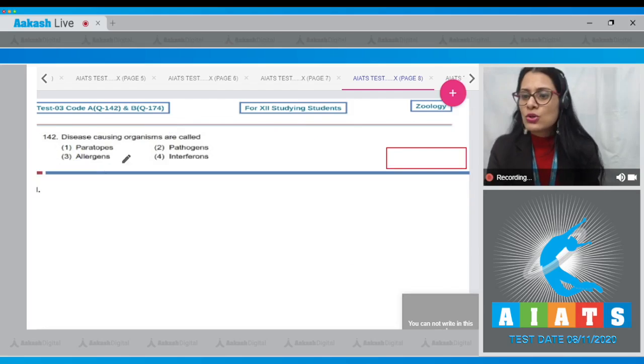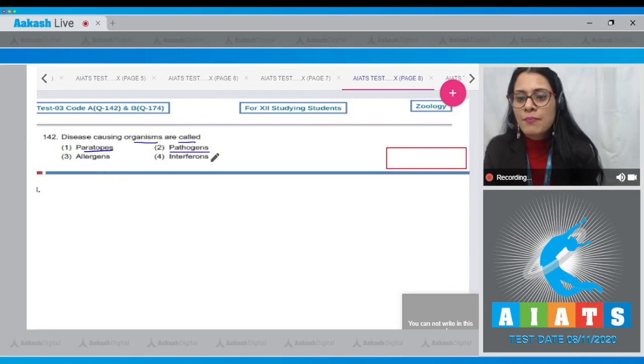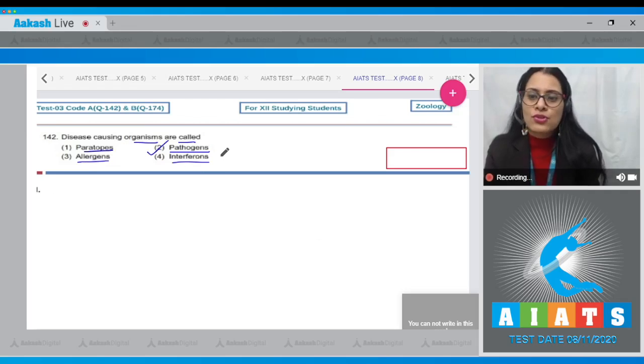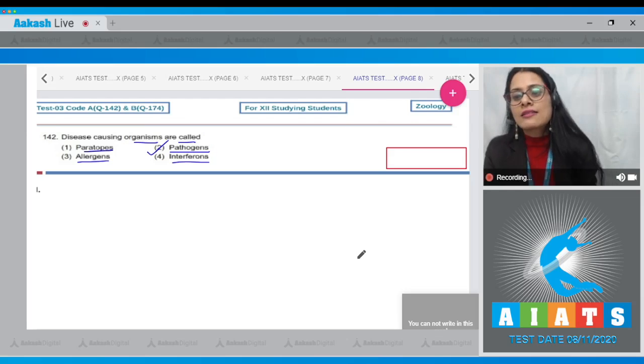Question number 142. Disease causing organisms are called, and the options are paratopes, pathogens, allergens, interferons. And the correct answer to this question is option number 2, pathogens. Pathogens are disease causing organisms. This line is also given in your NCERT book. Let's discuss rest of the options.